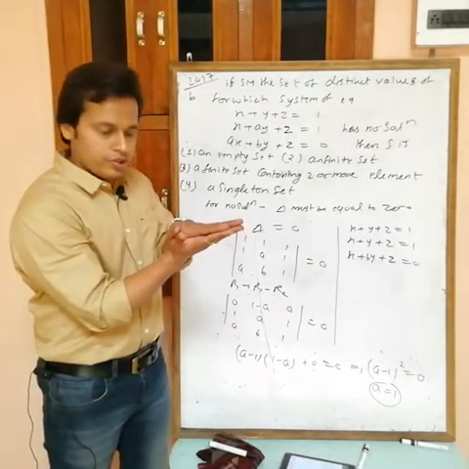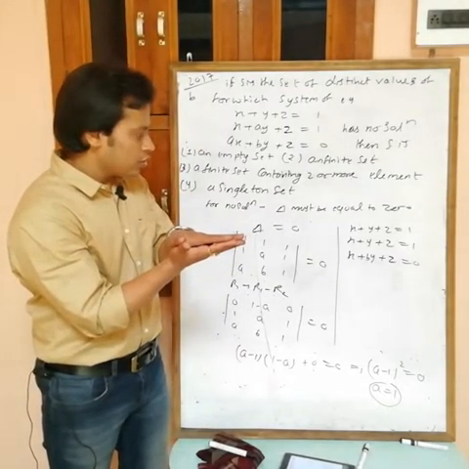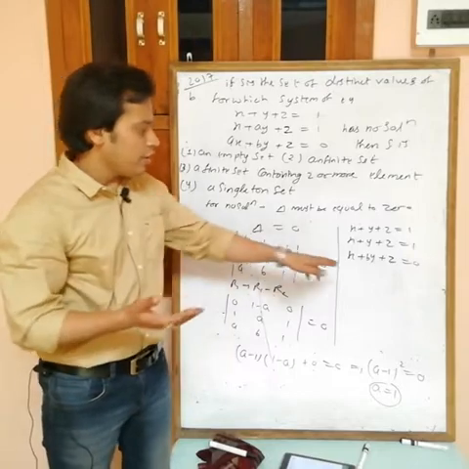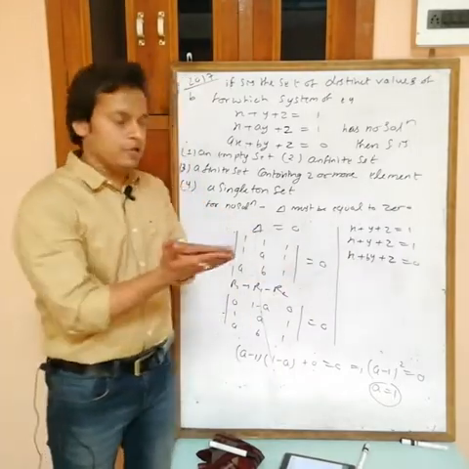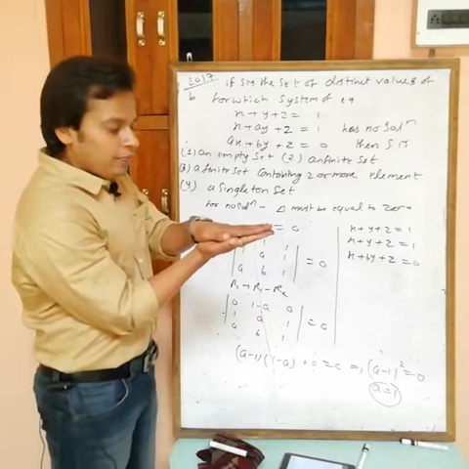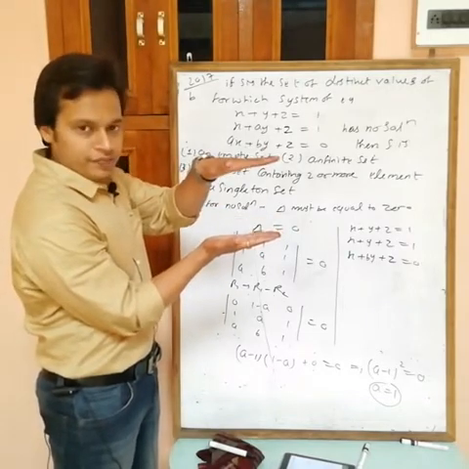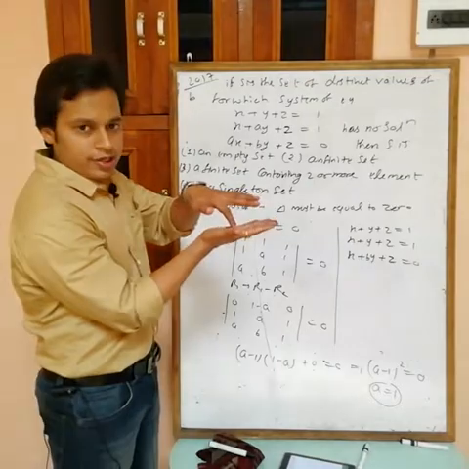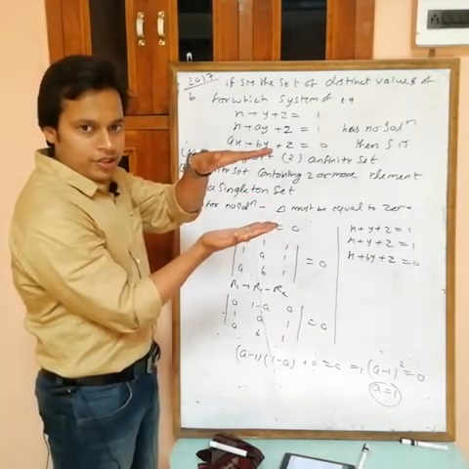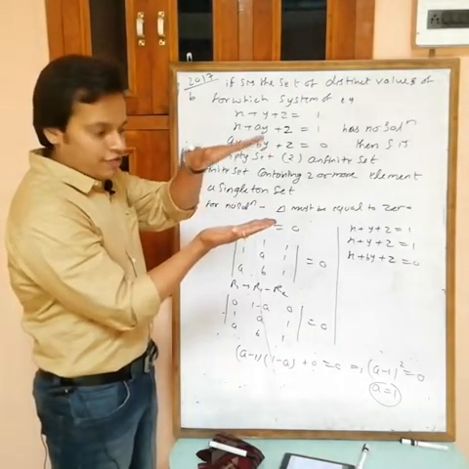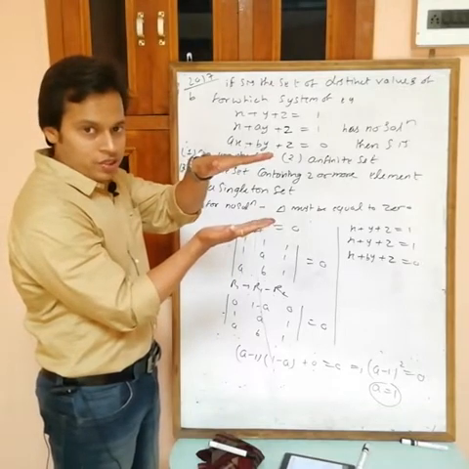And the third one is any other plane. We have two coincident planes, and the third one is x plus by plus z. Now see, if the third plane is not parallel to these two, then there is a solution. If this is parallel to these planes, then there is no solution.